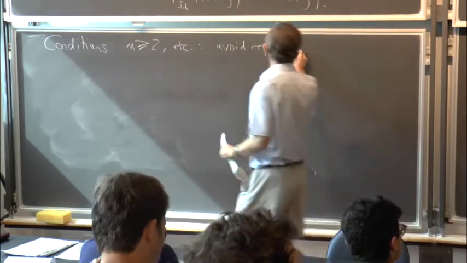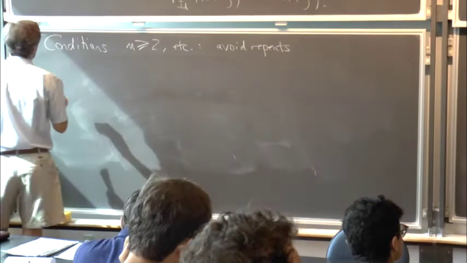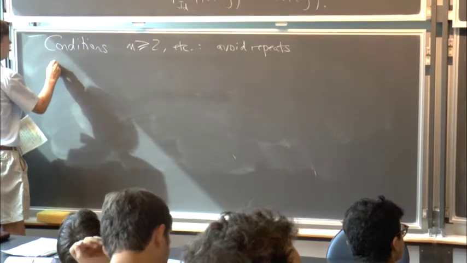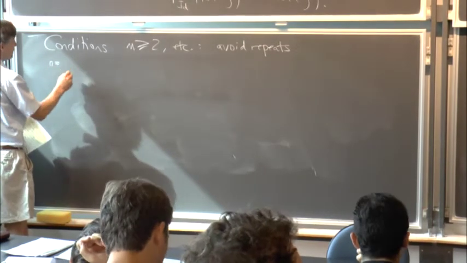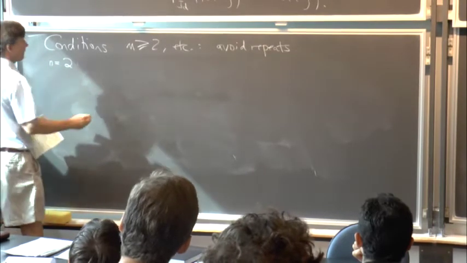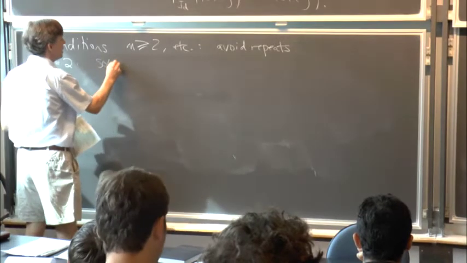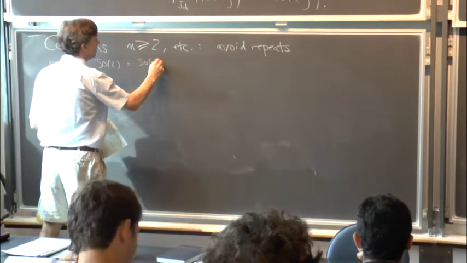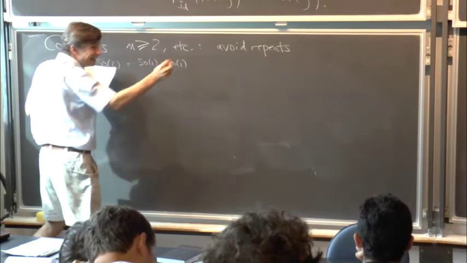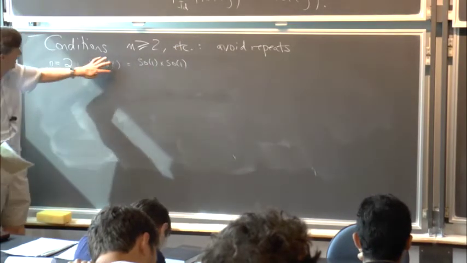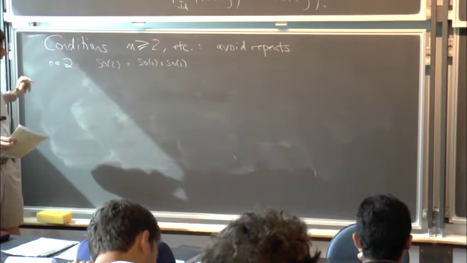So in particular, when n is 2, SO(2) is really an SO(1) cross an SO(1), morally speaking, because this is just trivial.